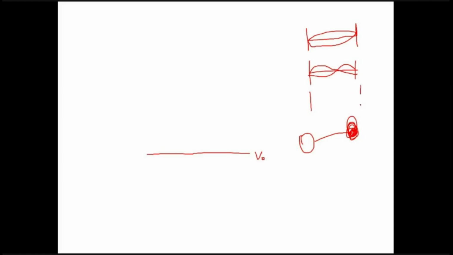Then there is the second mode of vibration, where there are two nodes. This is 0 node, this is 1 node, this is 2 nodes. So this is the fundamental mode of vibration. This is the first mode of vibration. This is the second mode of vibration. It has got the least energy.